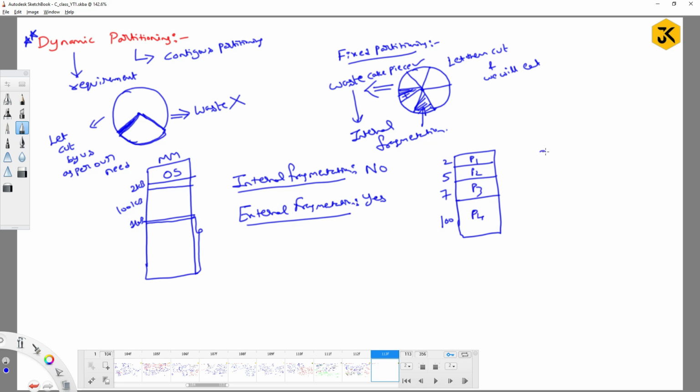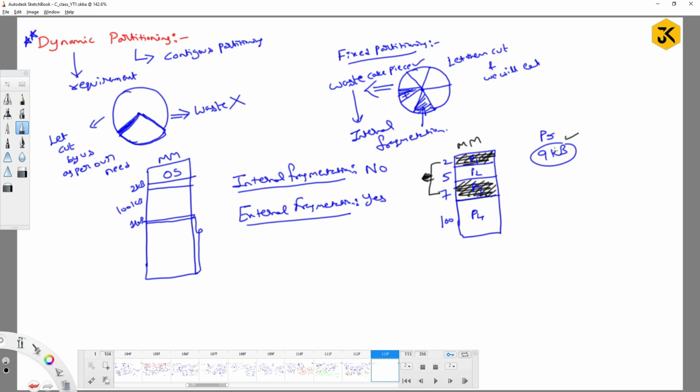Now there is a request for a 9 KB process, P5. After a certain point of time, P1 and P3 are deallocated from main memory. Now the 2 KB memory is free and the 7 KB memory is free. In total, 9 KB memory is free.